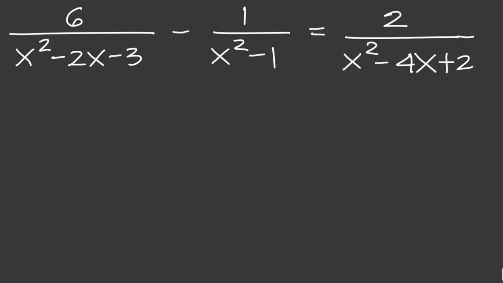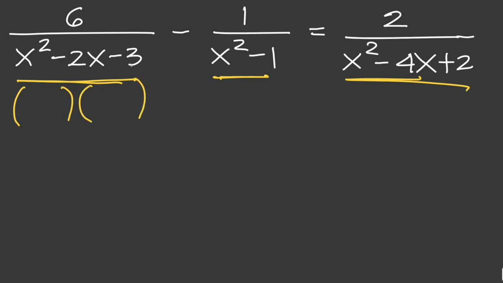Alright, so what if we're given this rational equation here? Notice that the denominators are not in their simplified form yet, so we need to simplify all of them. We need to factor this one, and this one. X squared minus 2x minus 3 can be factored by looking for factors of negative 3 that when we multiply them equal negative 3.